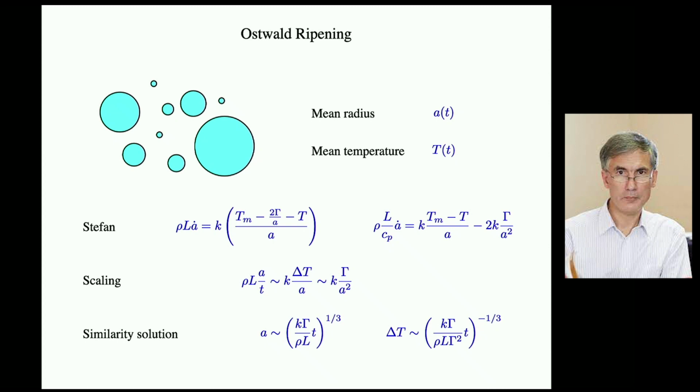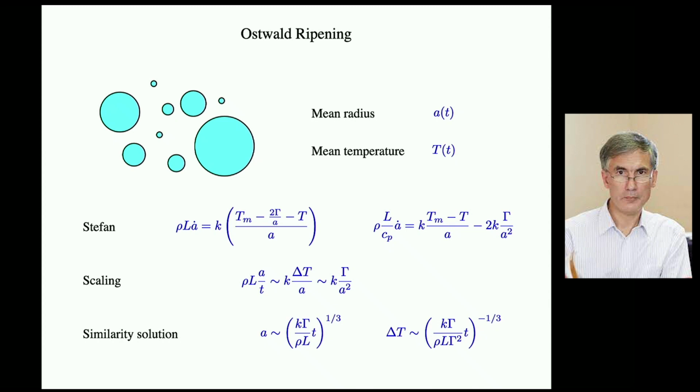I can keep these three terms in balance, all of them balancing, but I have only two balancing relationships for three variables: a, the temperature, and time. So we're back to a situation where we're going to have a similarity solution, and the only time is sort of elapsed time.